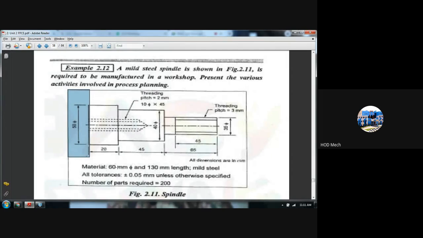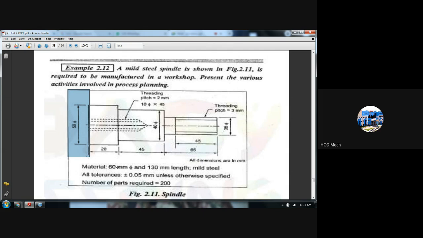So in the first stage you are doing a turning operation of 40 diameter for a length of 45. In the second operation, what will you do? You will go for turning of 35 mm diameter for a length of 65. Very good. Then what will be your next step?